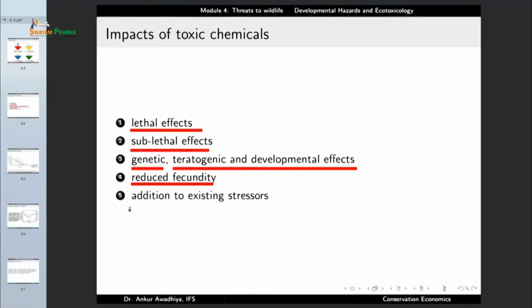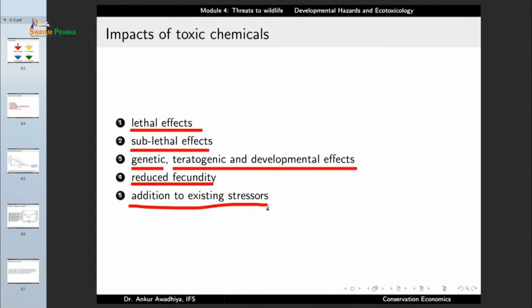So they manifest their impact in terms of reduced fecundity. This is possible because in certain cases the offsprings, when they are there in the fetal stage, will die off or there will be spontaneous abortions because of these chemicals, and so the fecundity will go down.